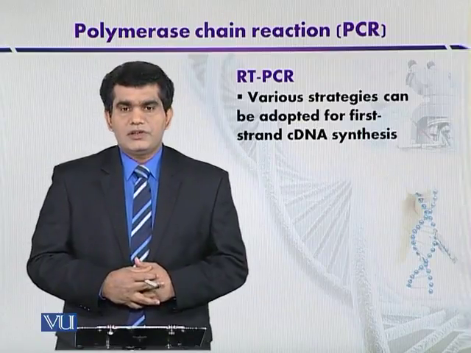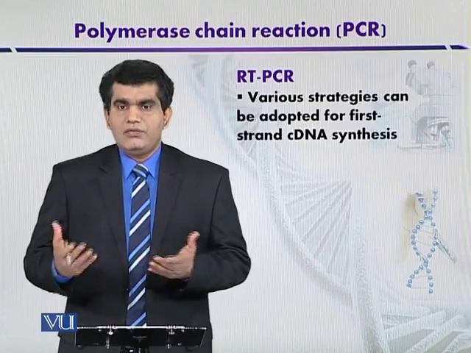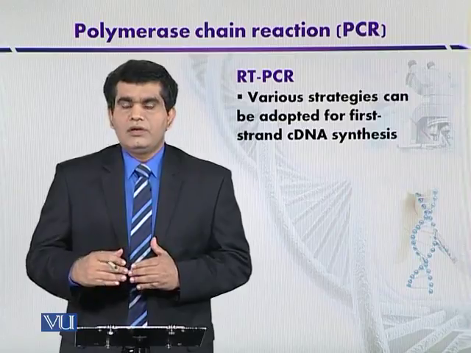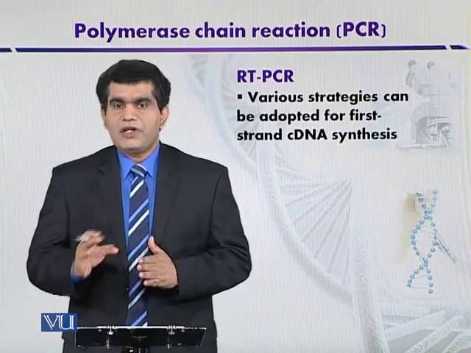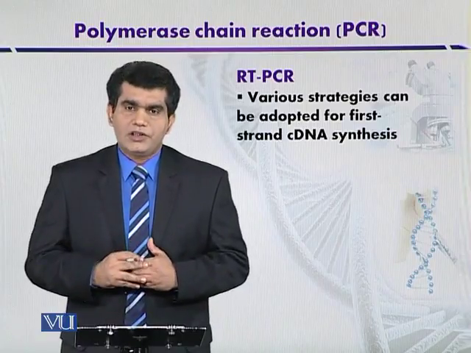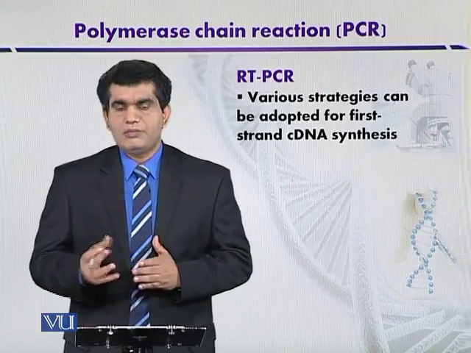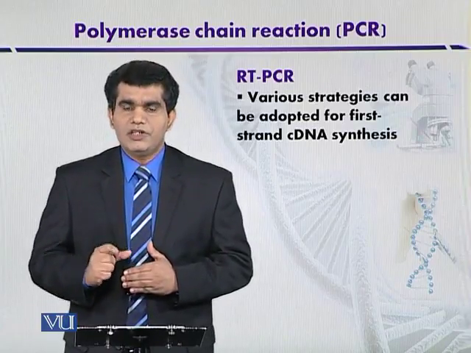So by using these strategies, now we can generate our cDNA. As I told you, the main step involved is using a short stretch of thymine residues as a primer. It is the most common step used for the generation of cDNA.